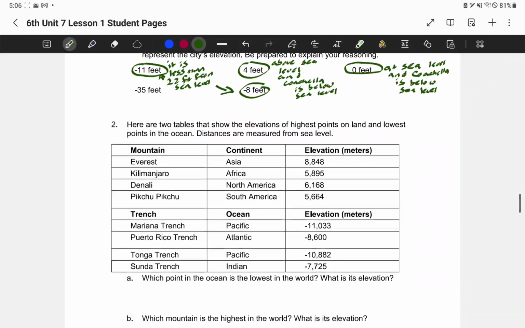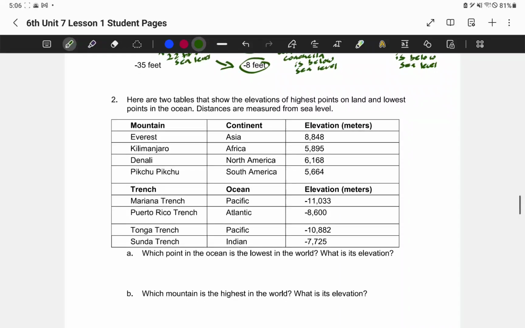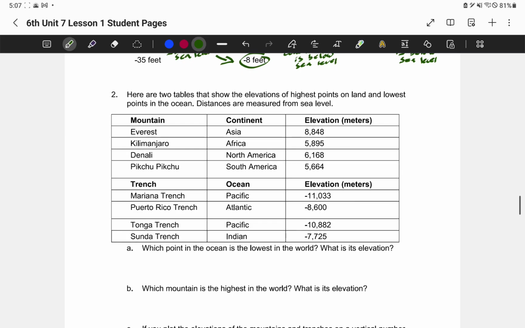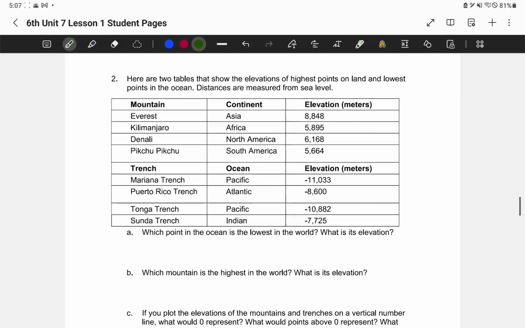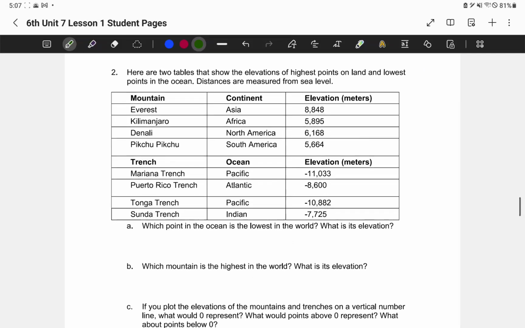Okay, and so now we look at these tables that show the elevation of the highest and lowest points in the ocean and on the continents. Okay, on land and the lowest in the ocean. All right, sorry. So, which point in the ocean is the lowest in the world? Well, so we're looking at the farthest from sea level.